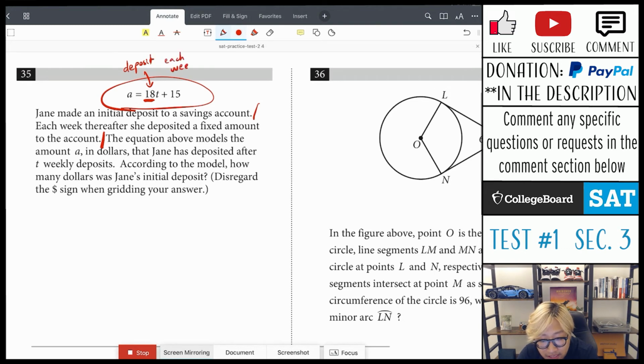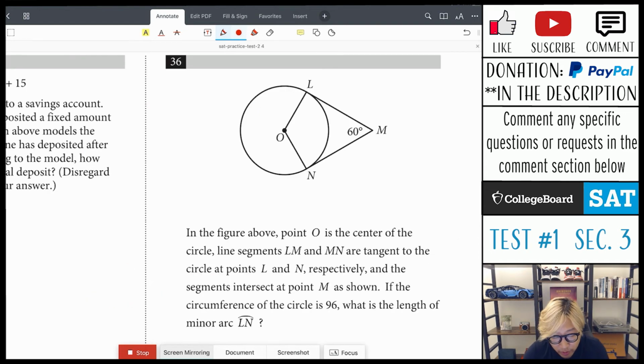And then the $15 is probably the initial deposit, because that's the y-intercept, that's the beginning amount. The equation above models the situation. According to the model, how many dollars was Jane's initial deposit? I just said the initial deposit is that 15 bucks.